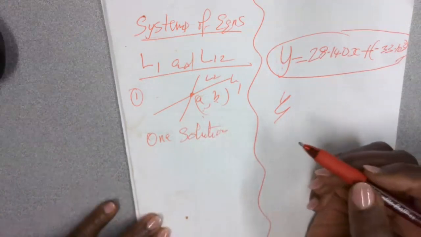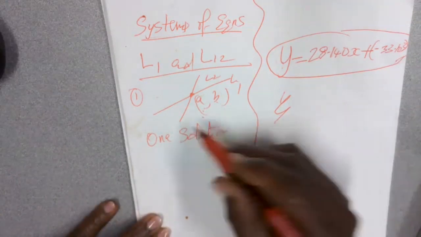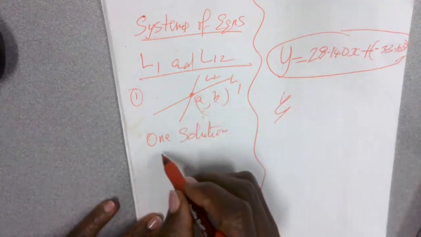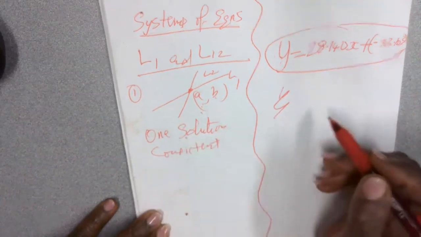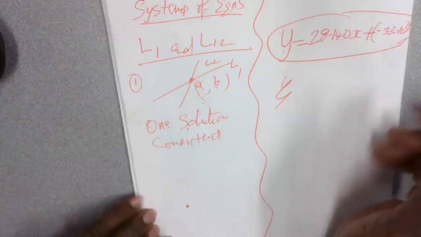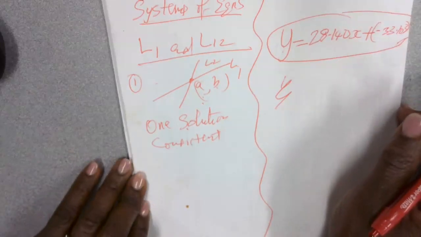Please look at the PowerPoint. One solution means that these 2 graphs are consistent. So whenever you are told to check and see if they are consistent, it means, do they have one solution?